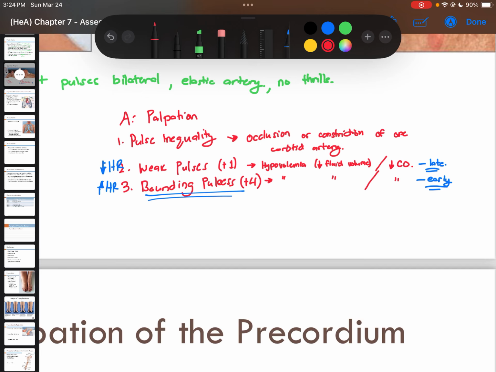It just tells you what stage you are on. So when a patient comes in and their pulse rate is very fast, check their pulses. If it is bounding, it means they are early in dehydration or they have early hypovolemia.